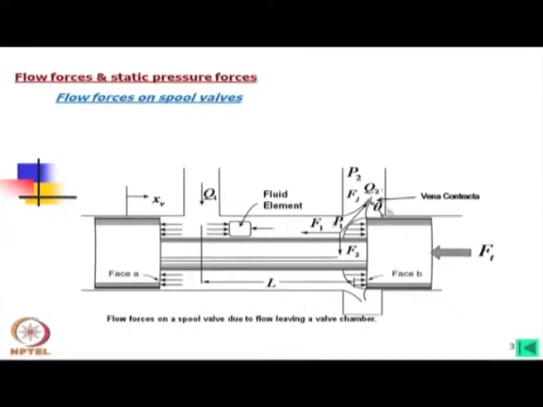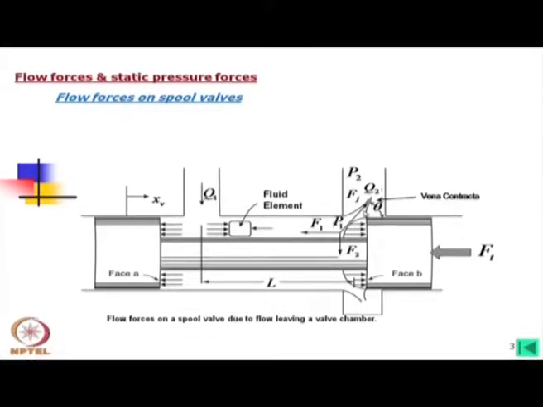This is called the jet angle, and the area is obviously rectangular. In case of full opening, we have to consider pi d, where d is the spool land diameter. So the flow is like an umbrella, going outside with an angle theta, which is the jet angle.